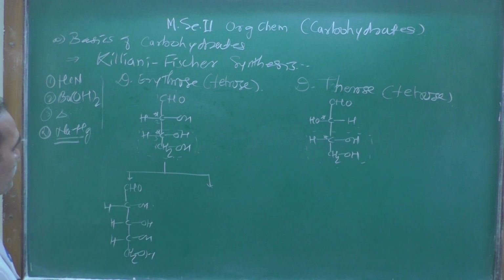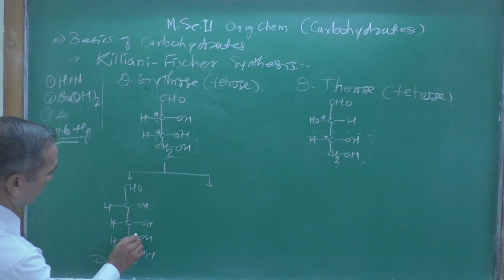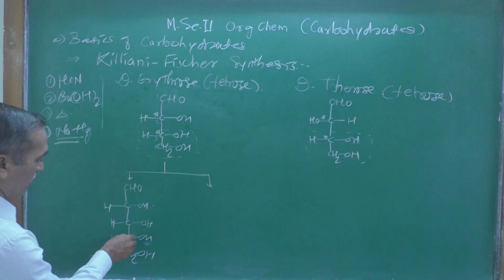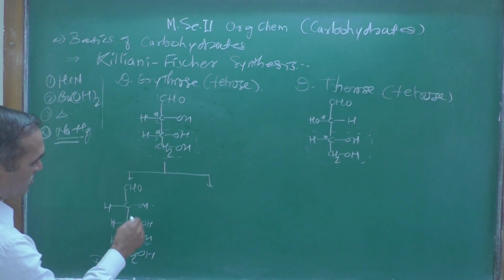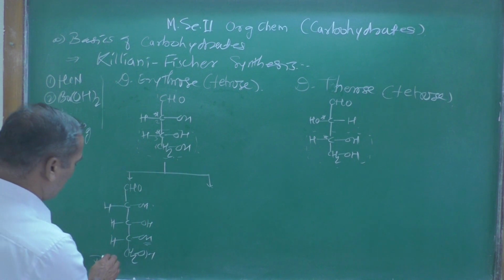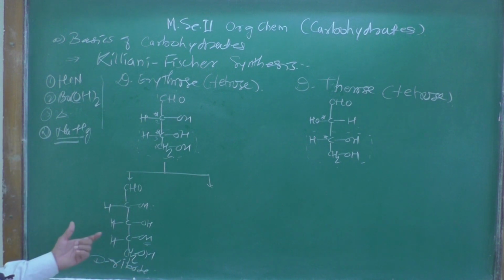This is the compound which we are getting. The name of this compound is D-ribose. The D depends on the lowest chiral carbon atom having the hydroxyl group on the right hand side, therefore it is known as D-ribose. This is the compound which we got here, D-ribose.